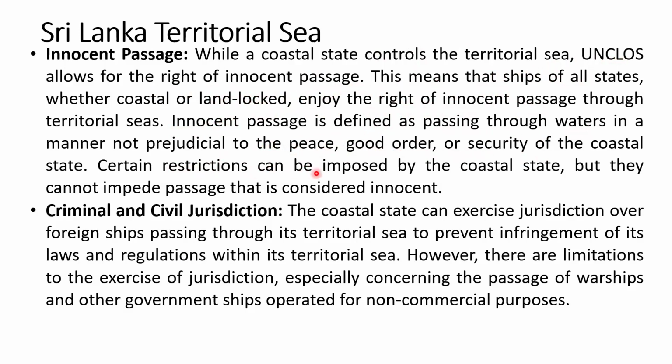Certain restrictions can be imposed by the coastal state, but they cannot impede passage that is considered innocent. For some illegal passage, the coastal state can intervene and take custody of these particular ships.